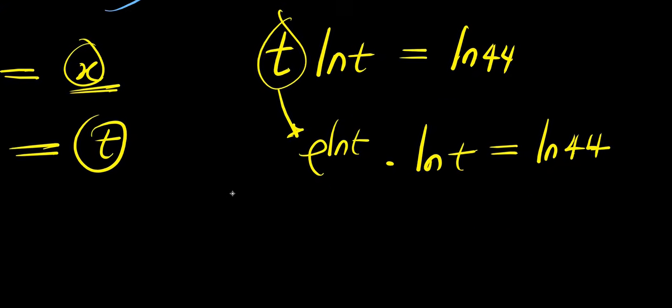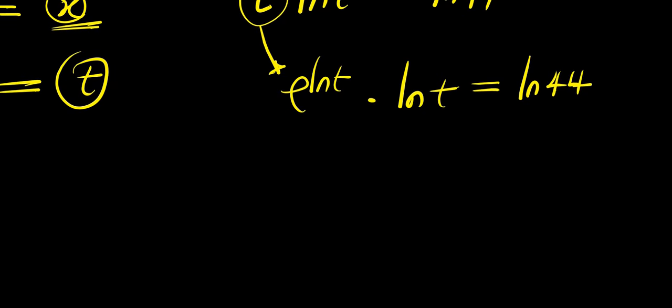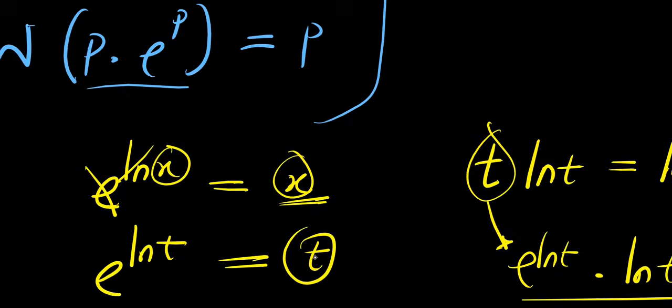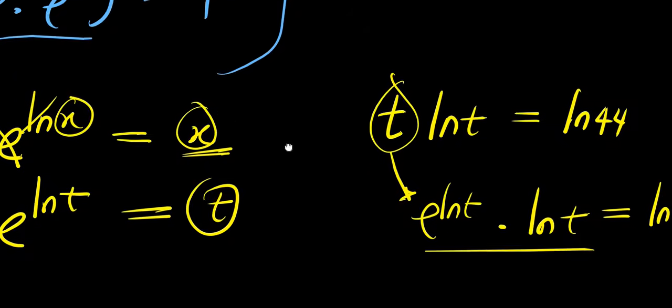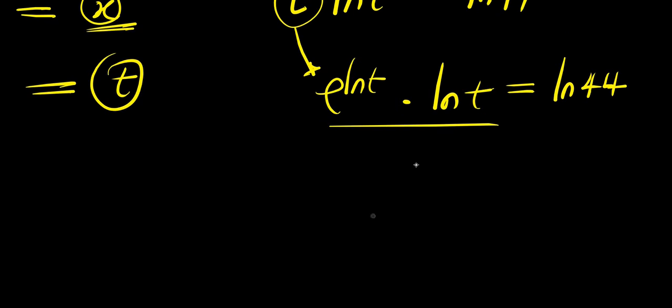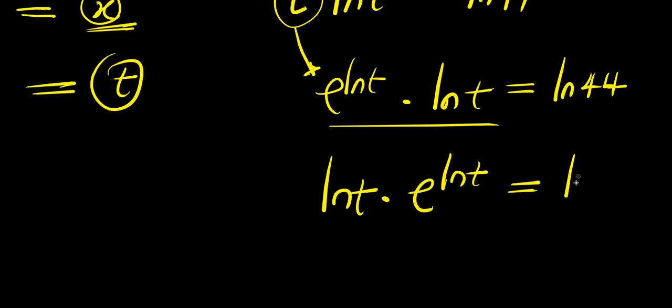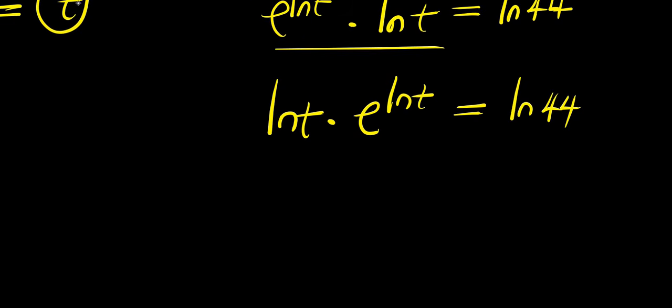That is impressive. So the next step we are going to take will just be to rearrange this, because according to this particular expression, the x comes before e power x, right? So let's rearrange this. We have the ln t before e to the power of ln t, and this equals ln 44. So at this point, we can apply the Lambert W function.